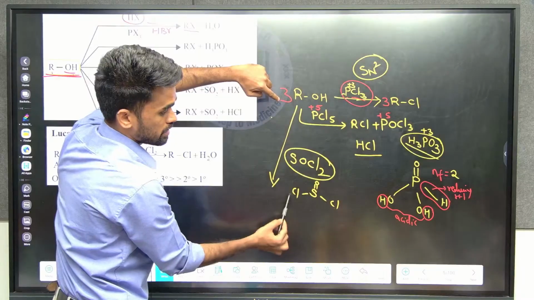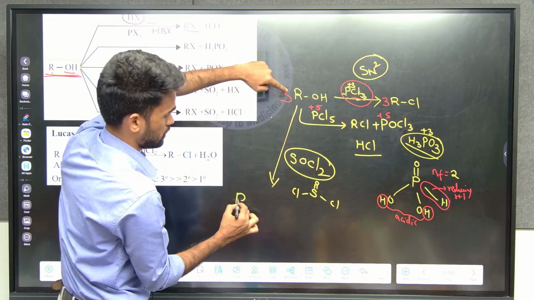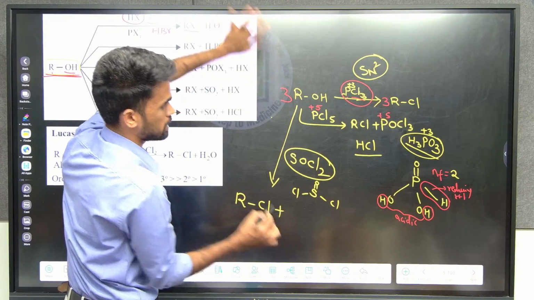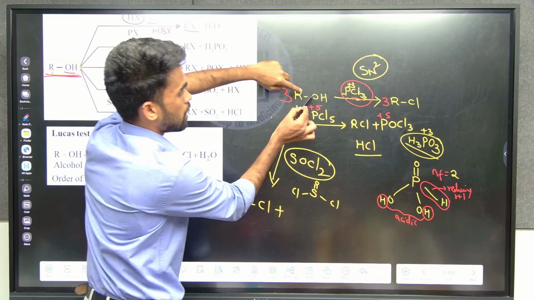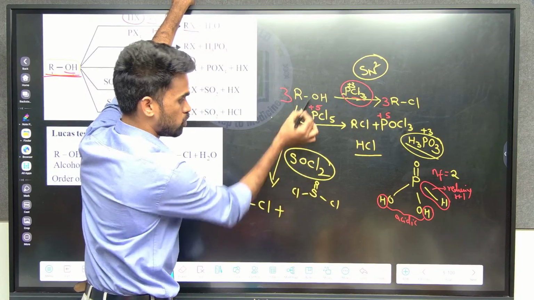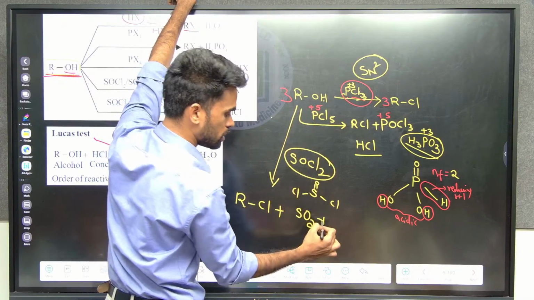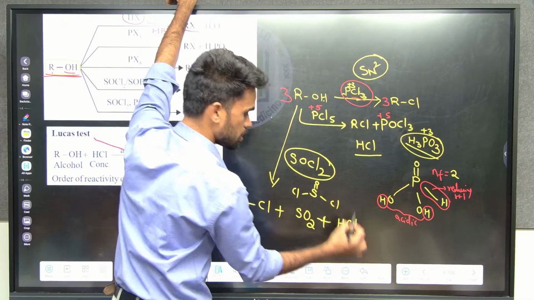How many chlorines are there? 2. You give 1 chlorine to the alcohol, this alkyl group, and alkyl chloride is done. Next, give that oxygen to our sulfur. One oxygen is already there, 1 more you are giving. So it becomes SO2. Hydrogen and 1 more chlorine becomes HCl.